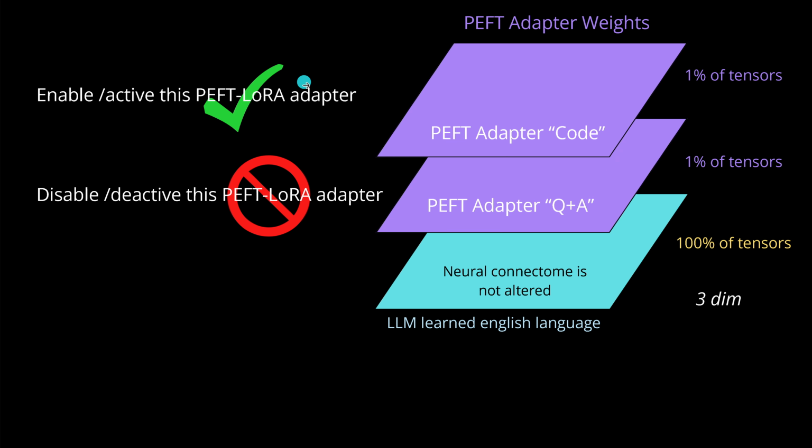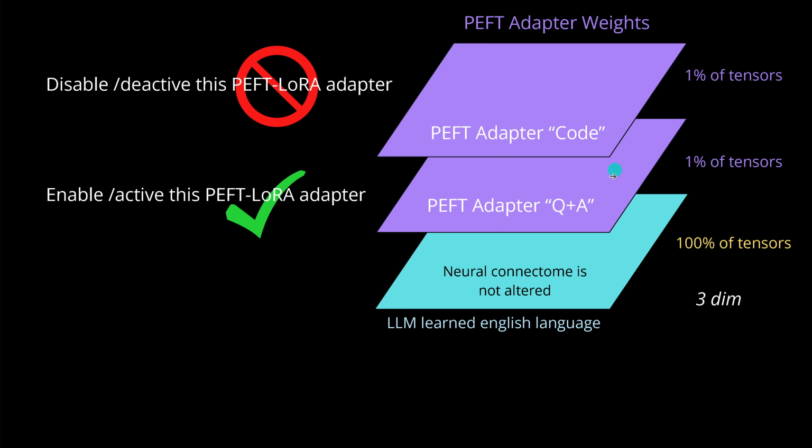But of course, you can change this. You can change to another configuration. You can say, hey, no coding, just optimize my chat in the parameter efficient fine-tuning task. Then you go with this adapter. So switching on and off multiple adapters based on your beloved pre-trained LLM.